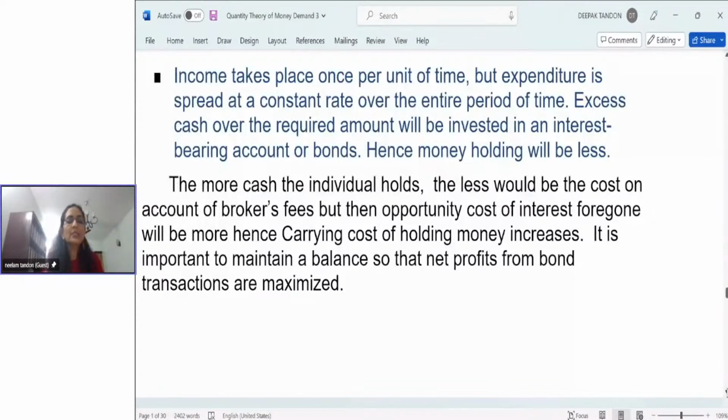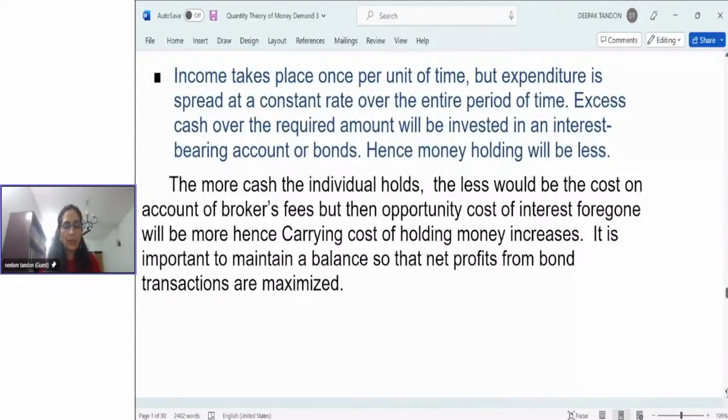And that is why the carrying cost of holding money increases. You keep more money in hand, you increase the opportunity cost, you incur more opportunity cost, and you lose your profits. So you want to minimize that, and for that you have to take a decision. This talks from a more behavioral perspective, isn't it?